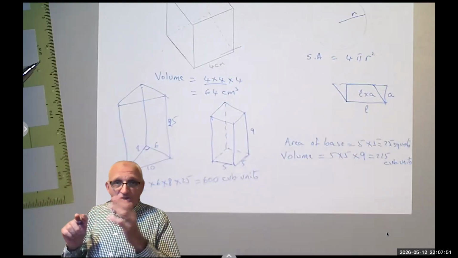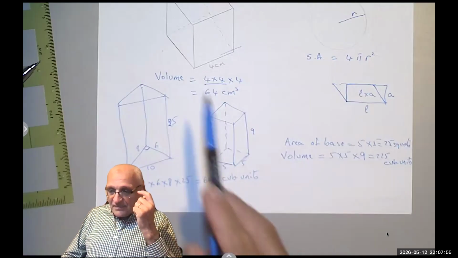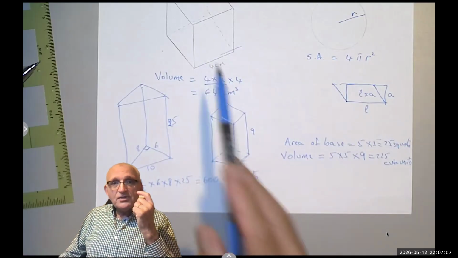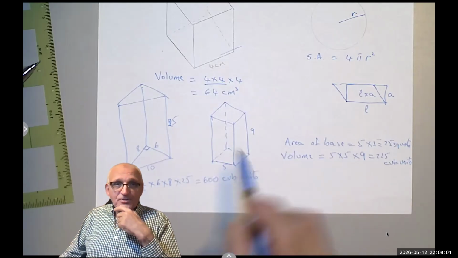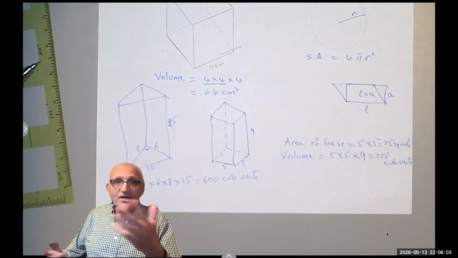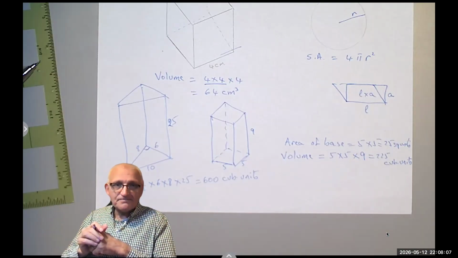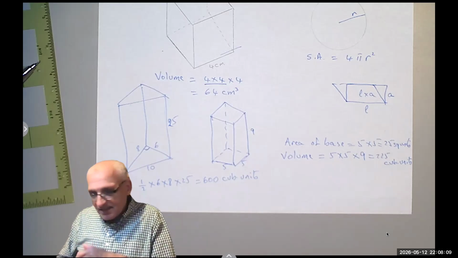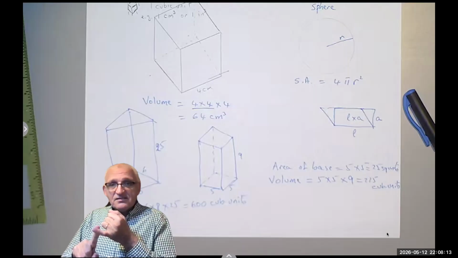Okay, so now we know how to find the volume of a cube, the volume of a rectangular prism or a triangular prism or any kind of prism if I know the area of the base. I just multiply it by the height. So that leaves us with a cylinder.